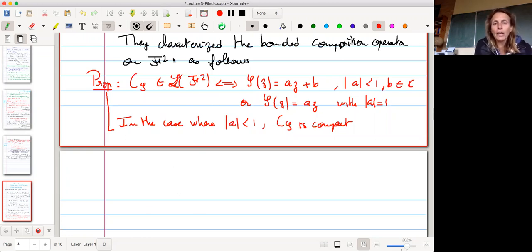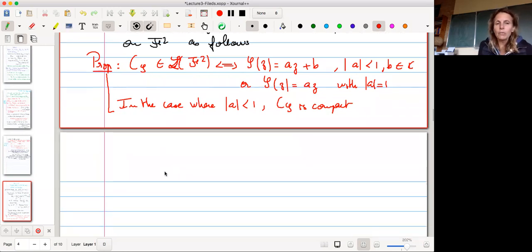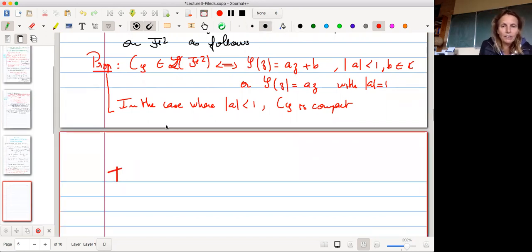But okay, this pioneering work is very important in this theory. Later there were some generalizations.